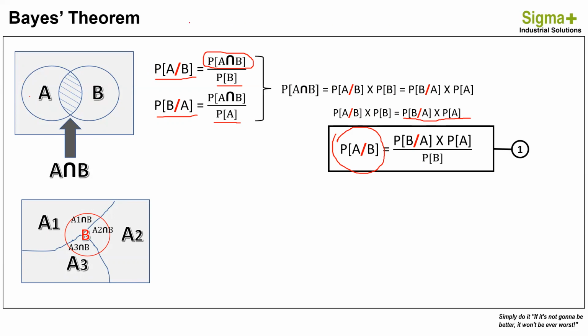As shown, I have A1, A2 and A3, and I have a fourth event, which is the event B, and I want to calculate the probability of B. As can be seen, the probability of B will be the summation of the intersection of A1 with B, A2 with B, plus A3 with B. And if you have more events, it is the total summation of those intersections, right?